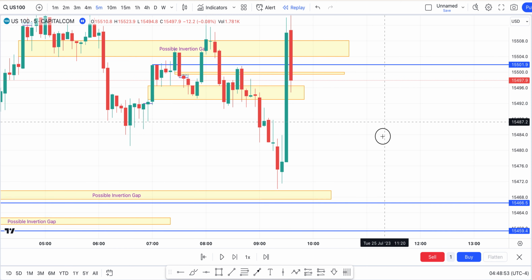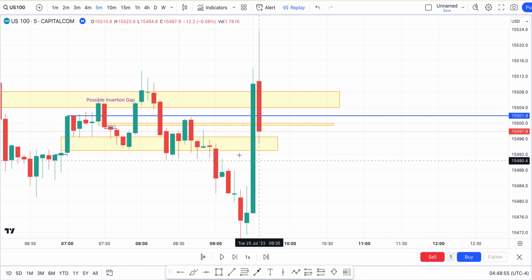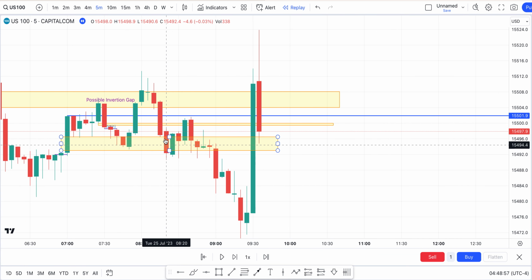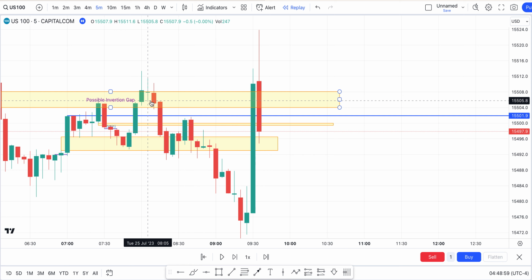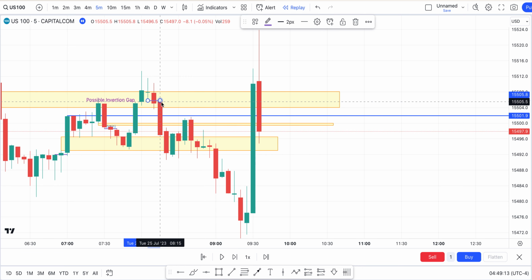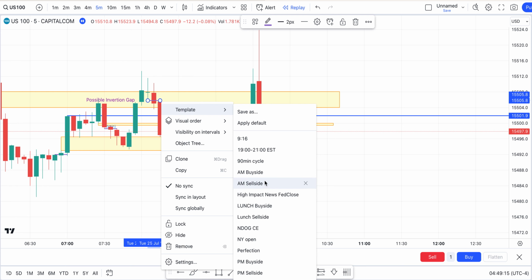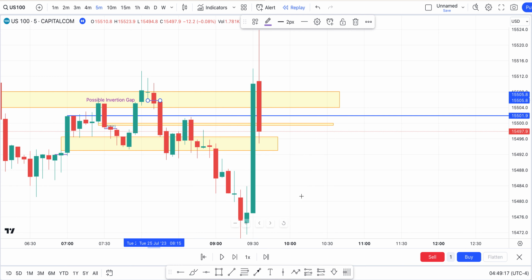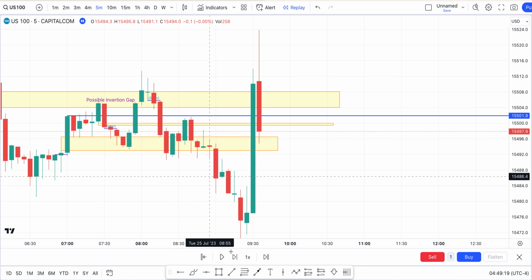And now I actually missed one, but now I'm seeing it. Right here, the low of this candle comes in at 15505.8. I have this candle 15505.8. Another perfection. Perfection.